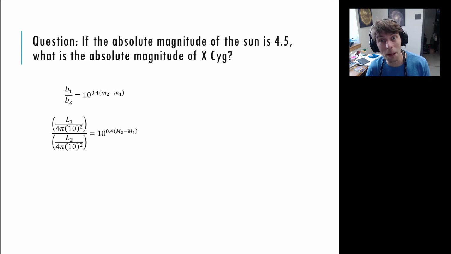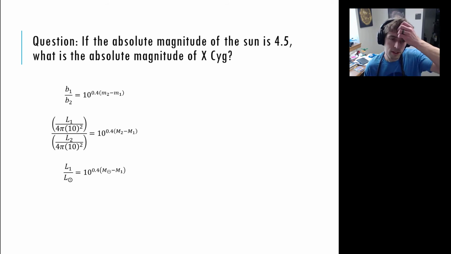And now you'll notice I put in 10. Why did I put in 10? Because right now, let's consider not the apparent brightness but the absolute brightness, and the absolute brightness is the brightness as measured from 10 parsecs. So let's cancel out some of this stuff. Let's get rid of the compound fractions for a minute.